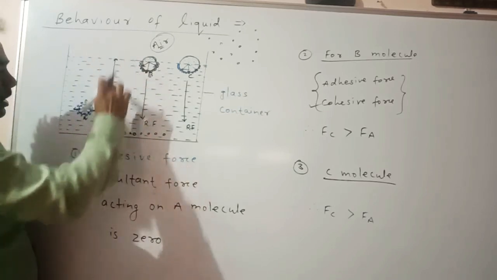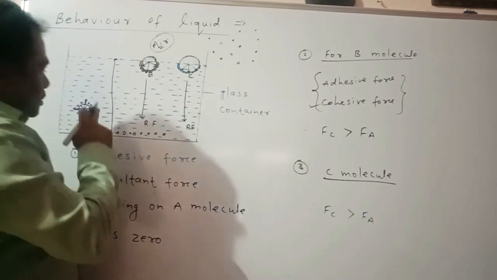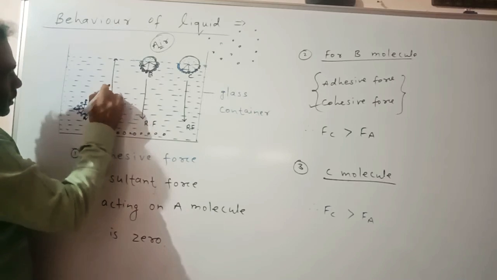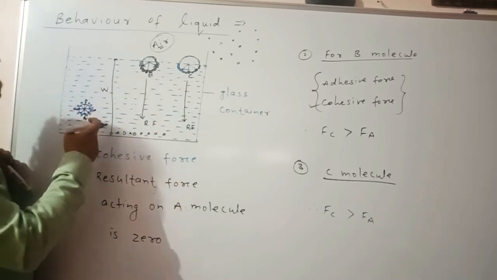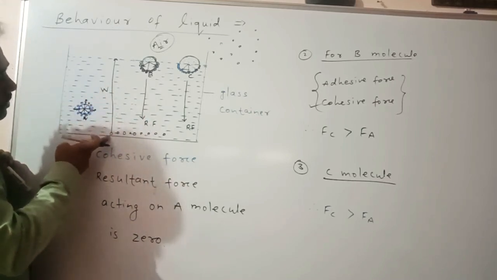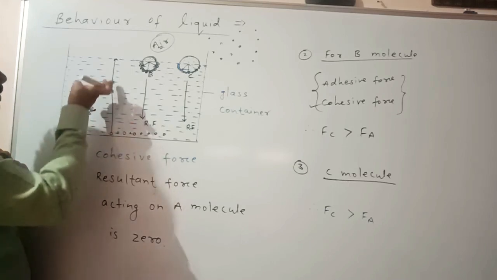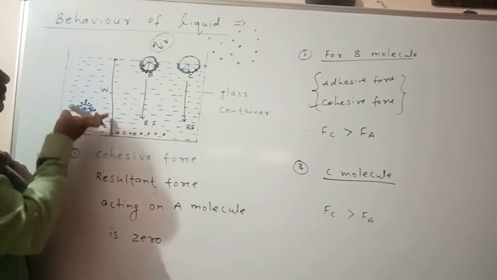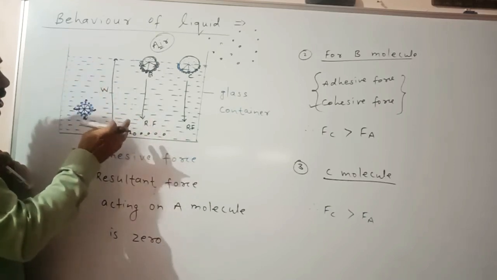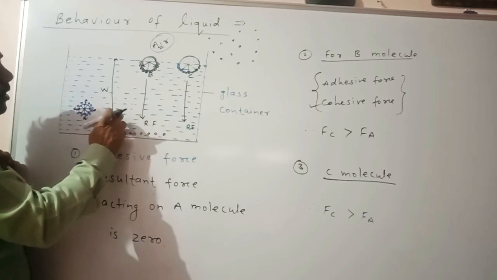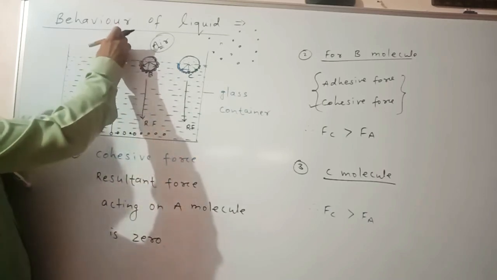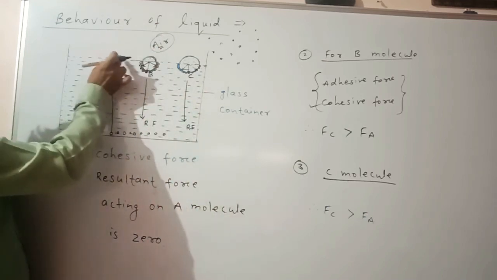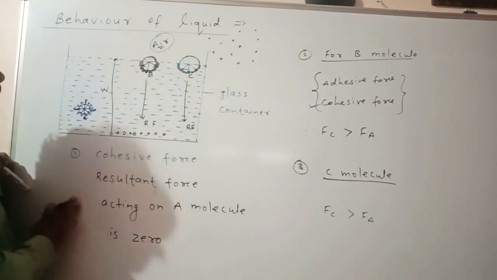The direction of work done is vertically upward. Why? Because we have to put these liquid molecules at the surface of water, to increase the surface area of the water.